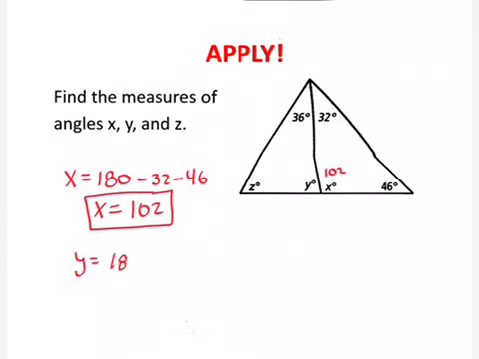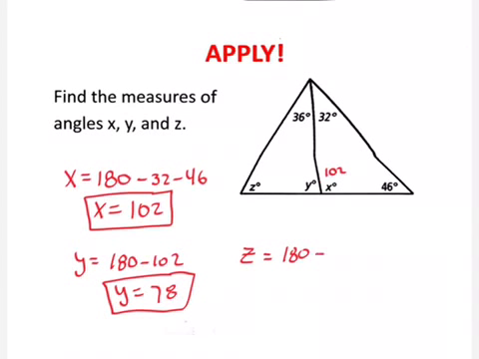So we'll take 180 minus 102, and in this case, y should equal 78. And then z, the same way we found x, we'll take 180 minus the two angles we know, so y, which is 78, and the 36, and we should get that angle z is 66 degrees.